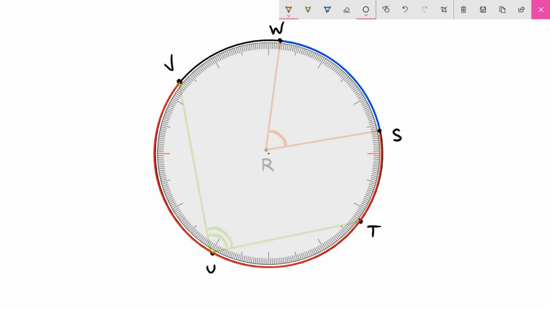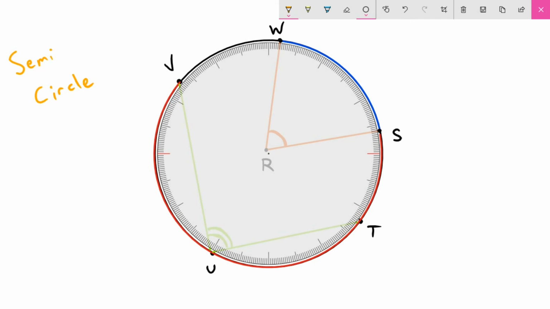All right, on to the last vocabulary word. Vocabulary is just so fun, but it's over already. The last one will be a semicircle. A semicircle is an arc that is exactly half of the circle, and it can be named with 2 or 3 letters.